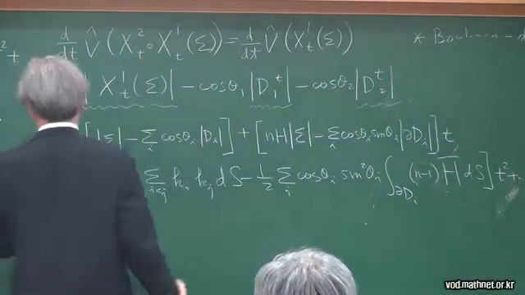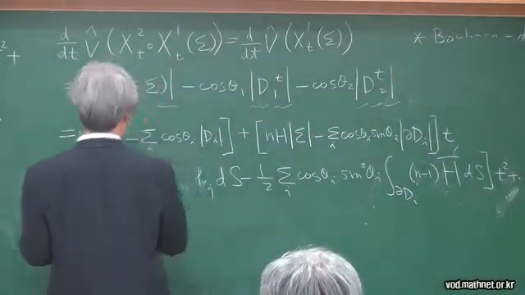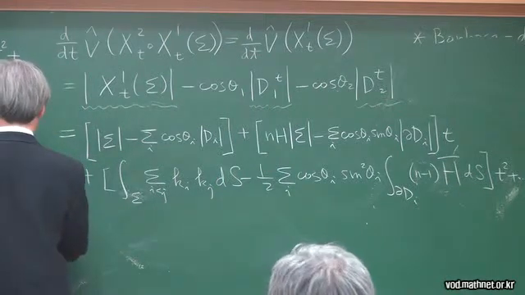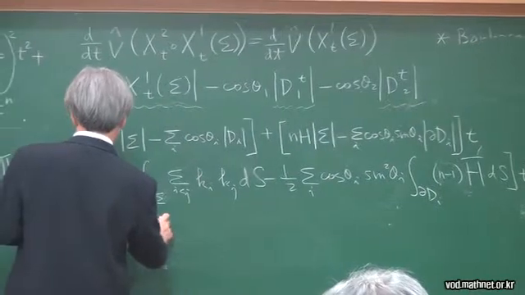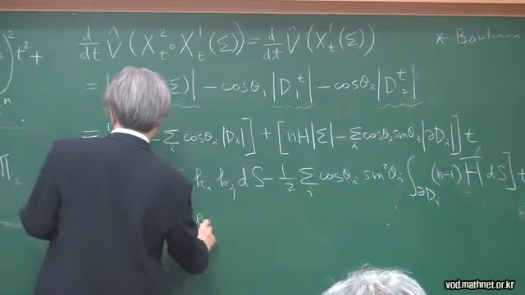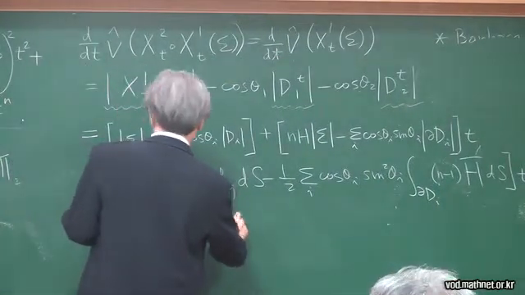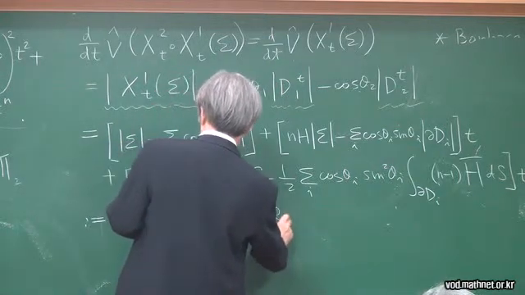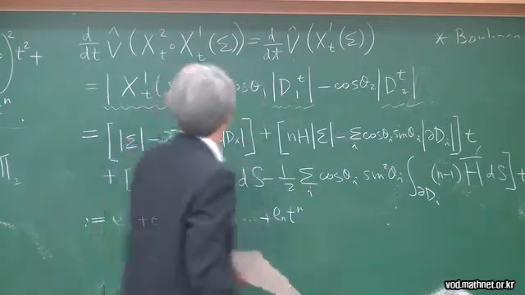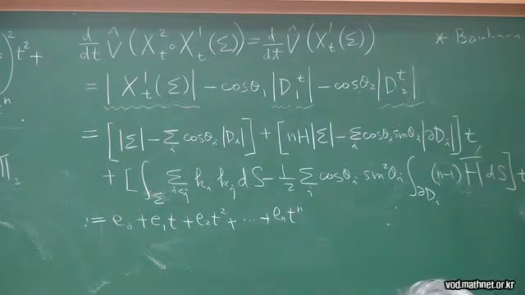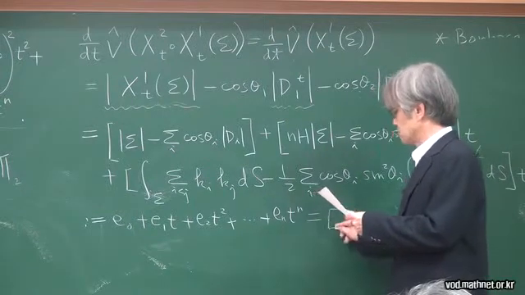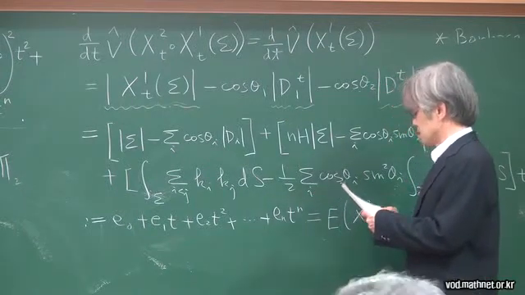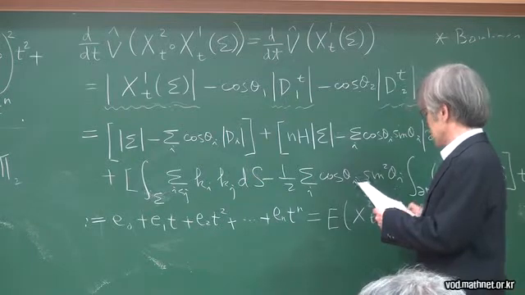and let's denote this as a polynomial. But by the variational property of the capillary surface, this is exactly equal to the total energy of x2t composed with x1t of sigma.